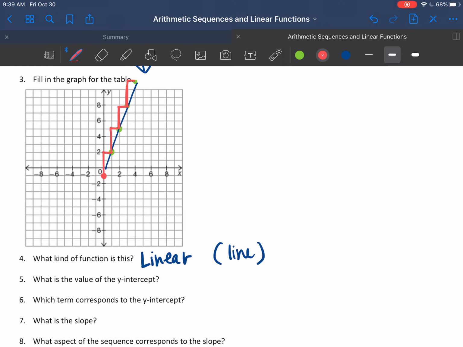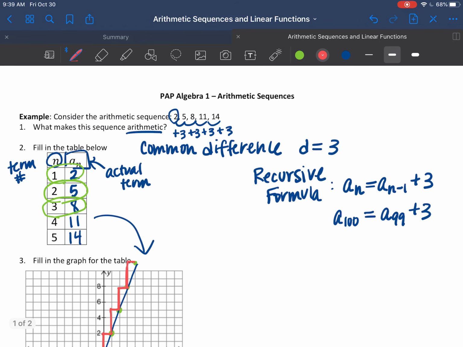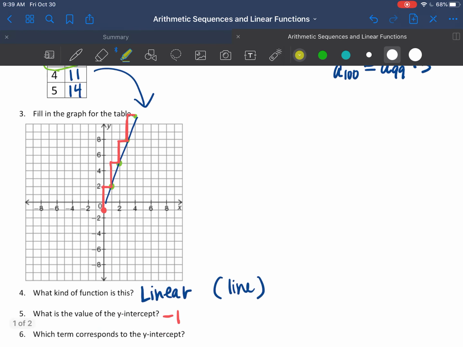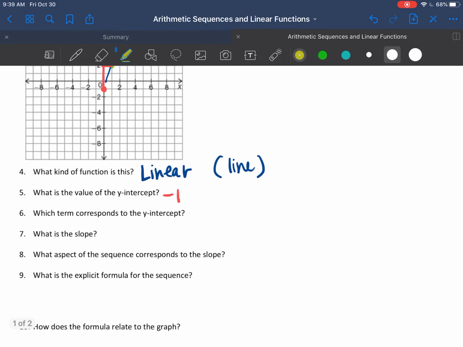And so our y-intercept would be -1 if we were to continue by going back 1, down 3. Okay, and so our y-intercept, the value would be -1. And so if we were looking at our sequence, that -1 does not show up on our original sequence.